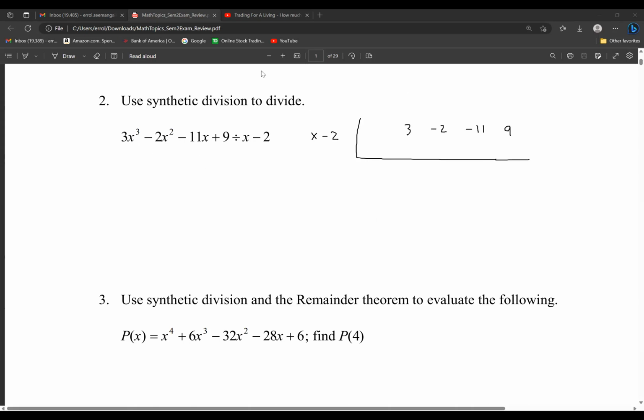It's already in decreasing order, right? There's your 1, 2, 1, and this is really x to the 0, right? There's your 0. Okay, so for this first one, I think we bring it down if I remember correctly.